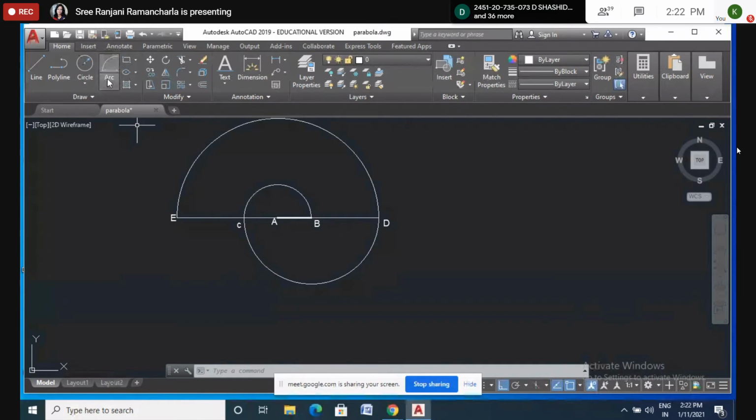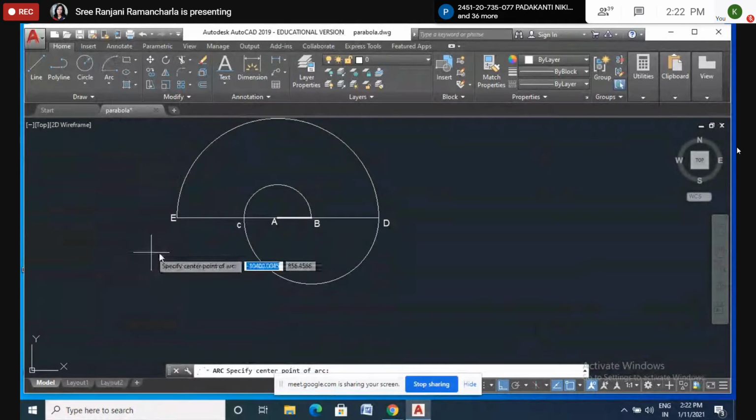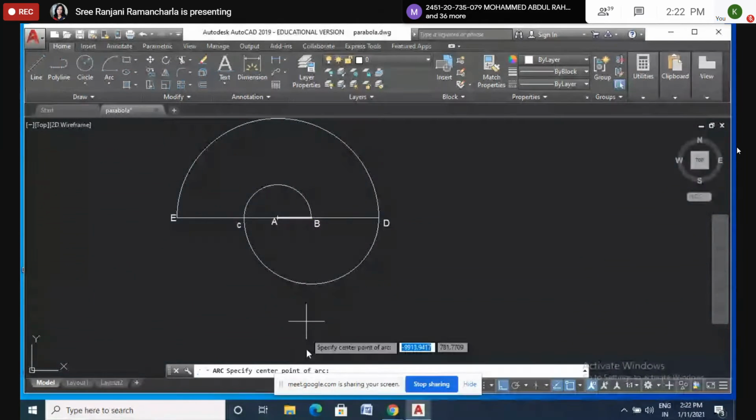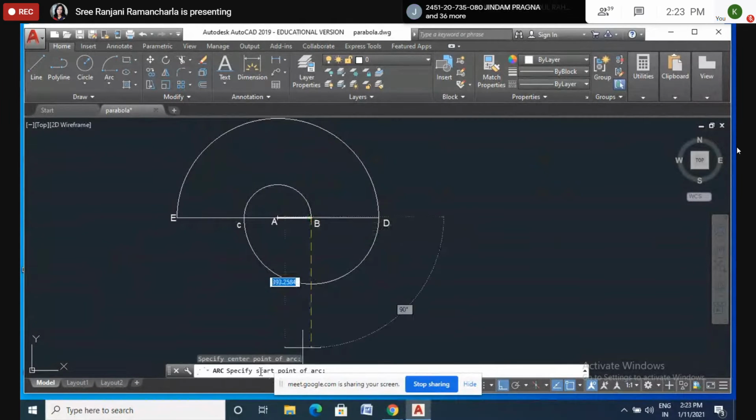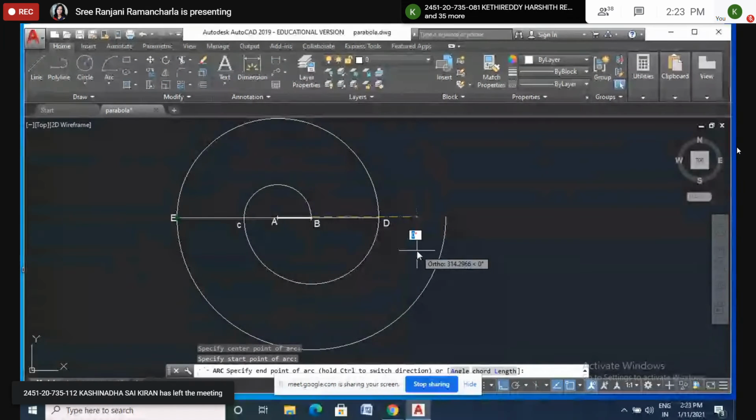Okay, so here I use the arc command. Now B as a center, it's asking center point. So B as a center point and starting point is at E. Then I am drawing 360 degrees.